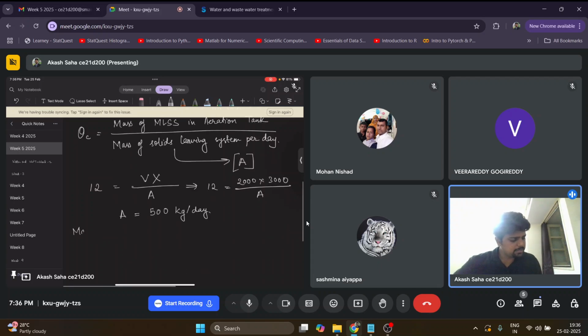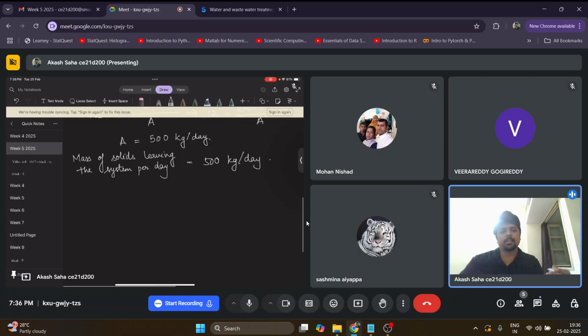So the mass of solids leaving the system per day is equal to 500 kg per day. Now we just have to find out the volume, because the question is asking for the volume that is leaving the system or wasted per day.